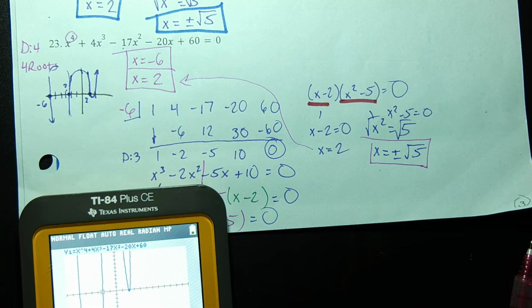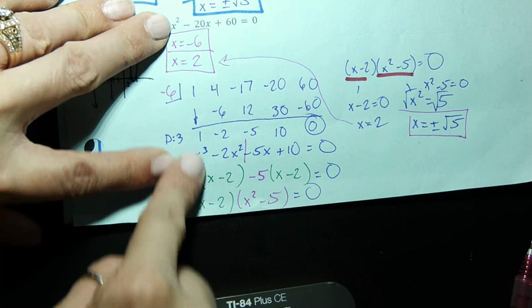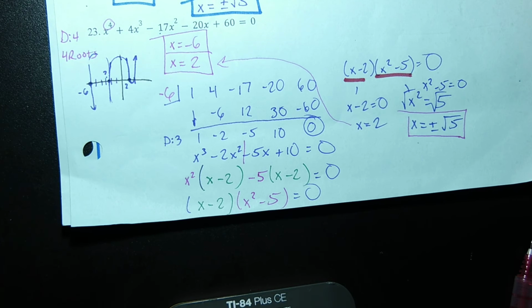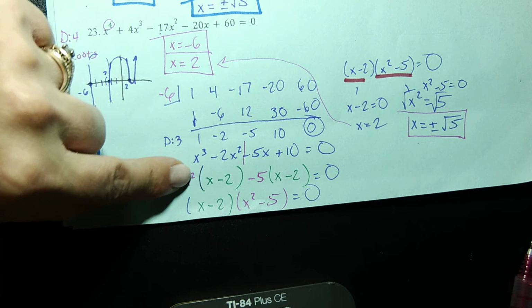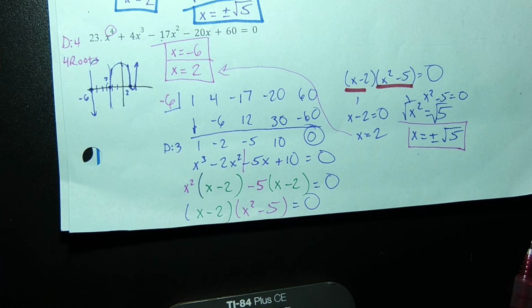We found this one already from the graph. This is just saying, hey, in case you didn't know, the x minus 2 is a factor. So we used the synthetic division to find x plus or minus square root of 5. So if you wanted to, instead of factoring here, you could put 2 in the box, and that would have taken it all the way down to a quadratic.